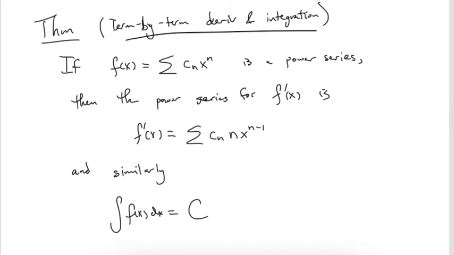So you get some extra constant plus, and then the power series for the integral is c_n times 1 over n plus 1 x to the power n plus 1. This is the integral, term by term. These, of course, are all sums from n equals 0 to infinity.